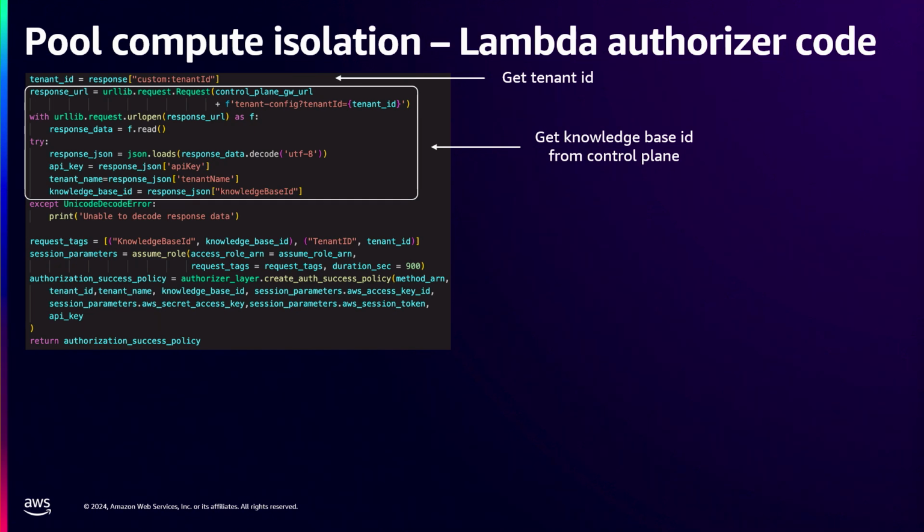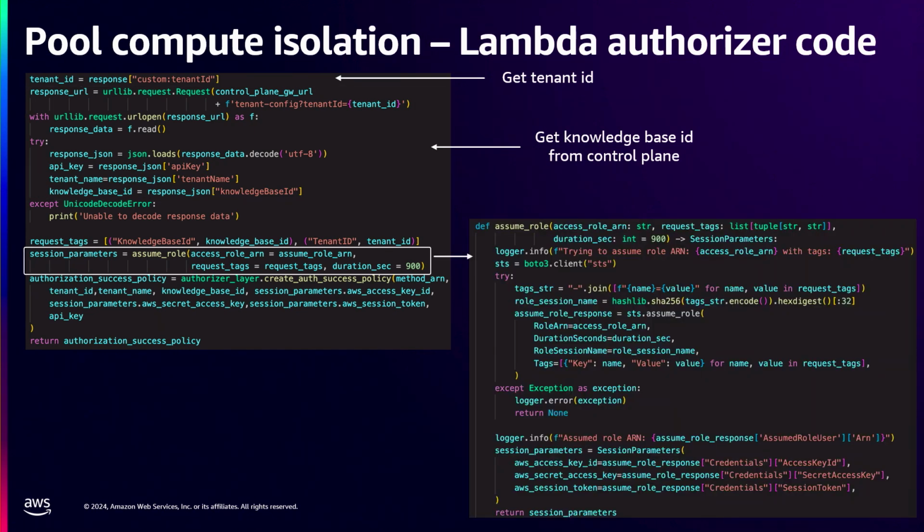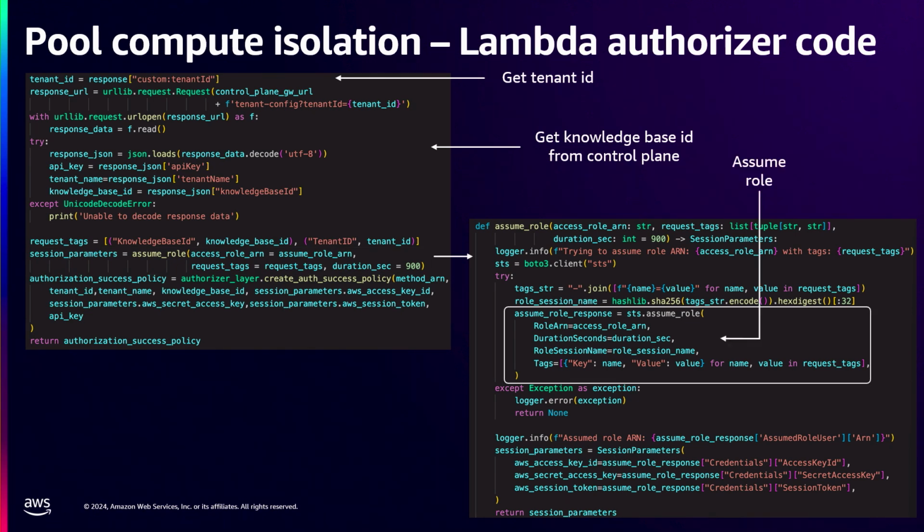And once it gets that information, it makes a call to an assume role method. If you look at the definition of that particular method, within that assume role method definition, the first thing you are doing is making an API call to the security token service where you are passing the role which you want to assume and also the additional parameters which you want to replace in that role, in this case the knowledge base ID.